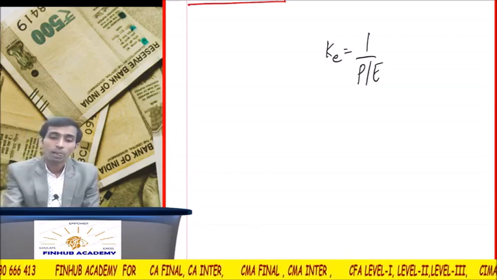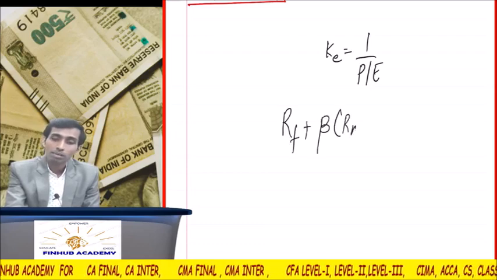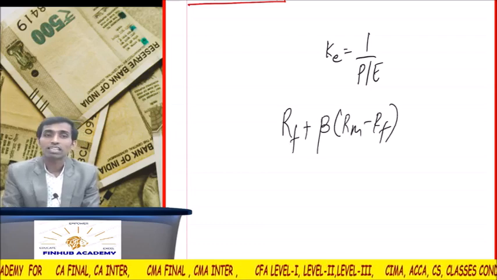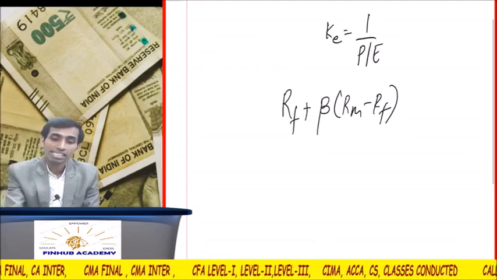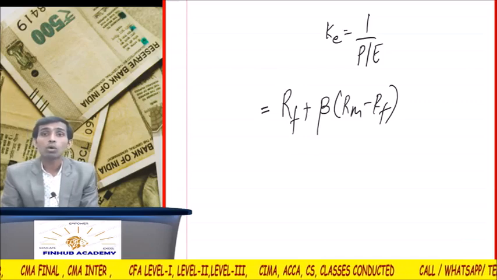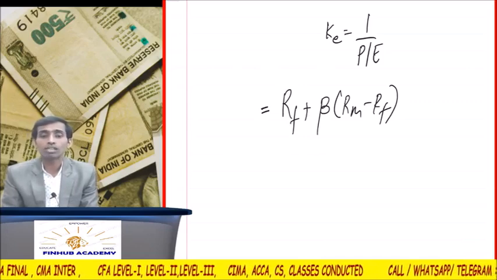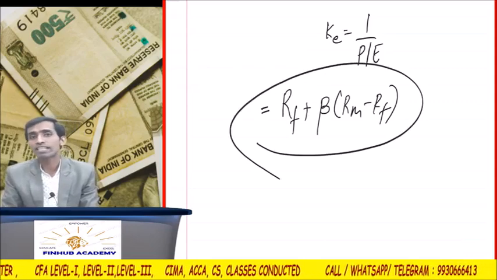Then we did CAPM, RF plus beta into RM minus RF. Correct? This was CAPM, the capital asset pricing model. Why is it called the capital asset pricing model? Because this rate will be used to price the asset, that is the shares.